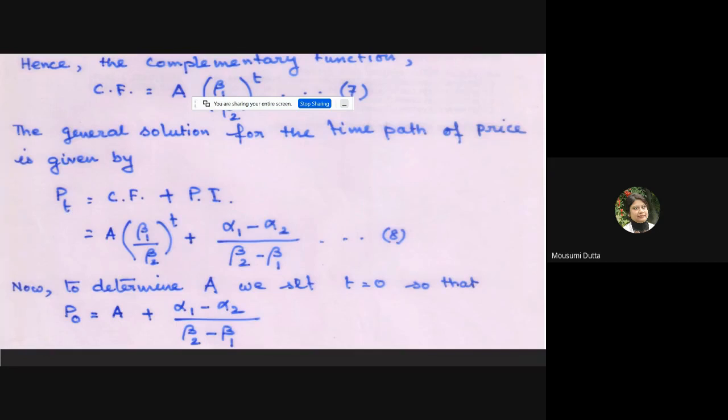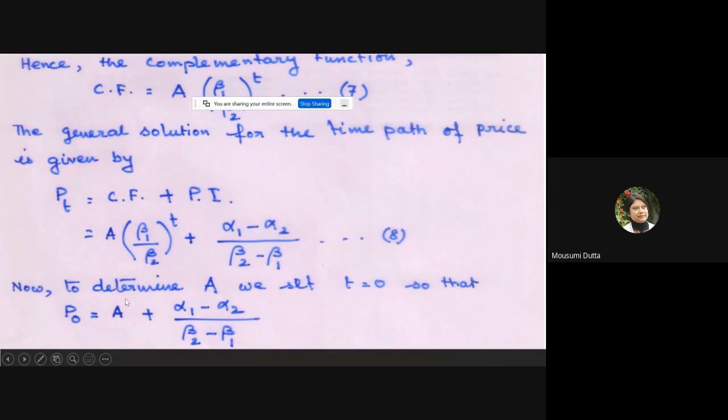So almost we are done. We got the time path of price. Only one unknown component is there, and that is capital A. So we have to find out this A. Now to determine A, we set t is equal to 0, as we did in the last class for the first order difference equation, so that P naught is equal to A beta 1 by beta 2 to the power 0.